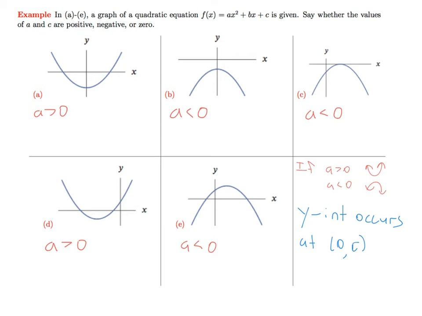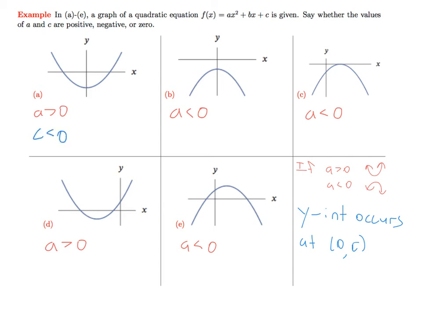So in order to determine whether the constant c is positive or negative, we need to consider the sign of the y-coordinate of the y-intercept. For example, in part A, here's the y-intercept. Notice that it occurs below the x-axis, so the corresponding y-coordinate of this point is negative. So therefore, the constant term c must be negative.